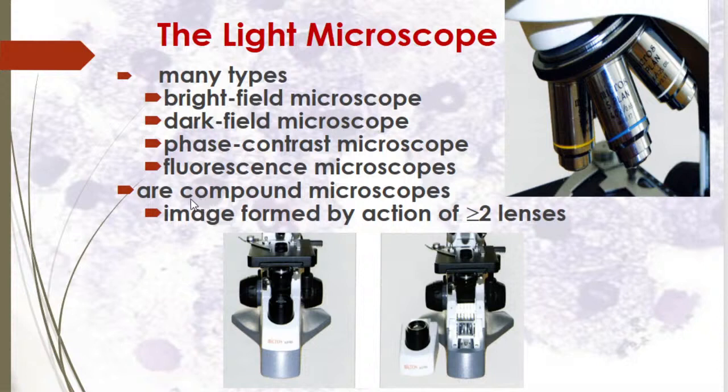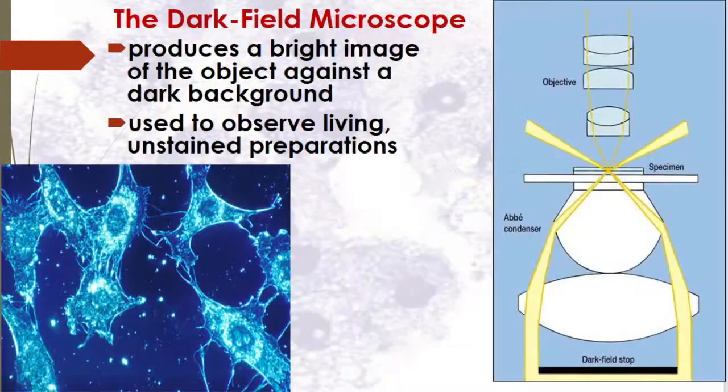All these microscopes are compound microscopes, where the image is formed by the action of more than two lenses. Let me shortly describe these methods. The first is dark field microscopy. It produces a bright image of the object against a dark background. Look at this one. It is used to observe living unstained preparations.